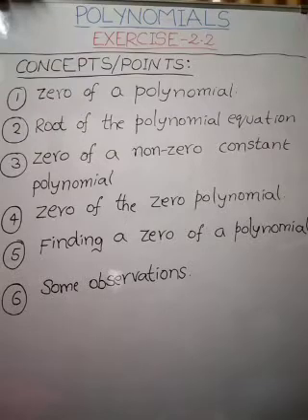We have discussed all these points. The classification of polynomials based on the number of terms and also the degree of the polynomial. We have discussed all these points and we have solved the problems in exercise 2.1.